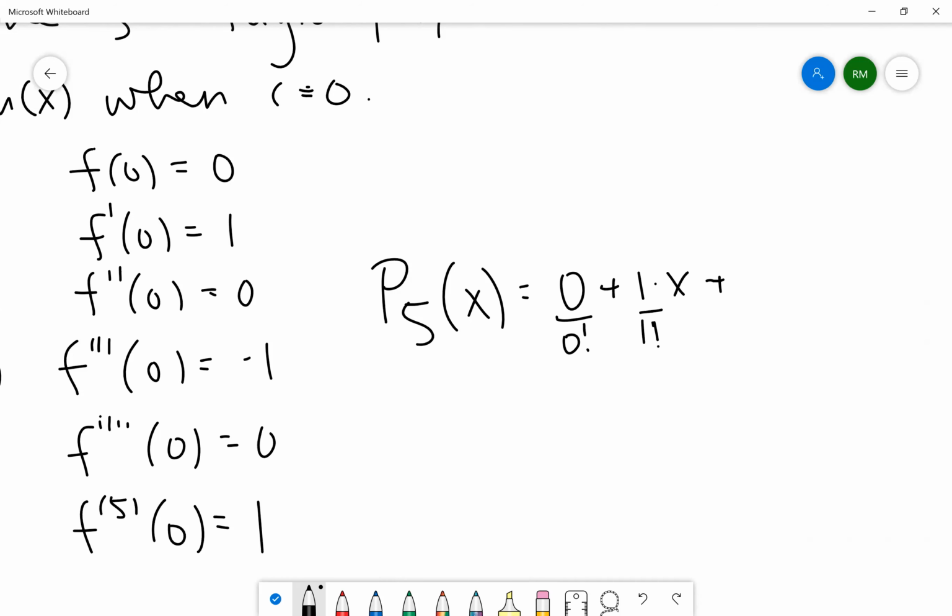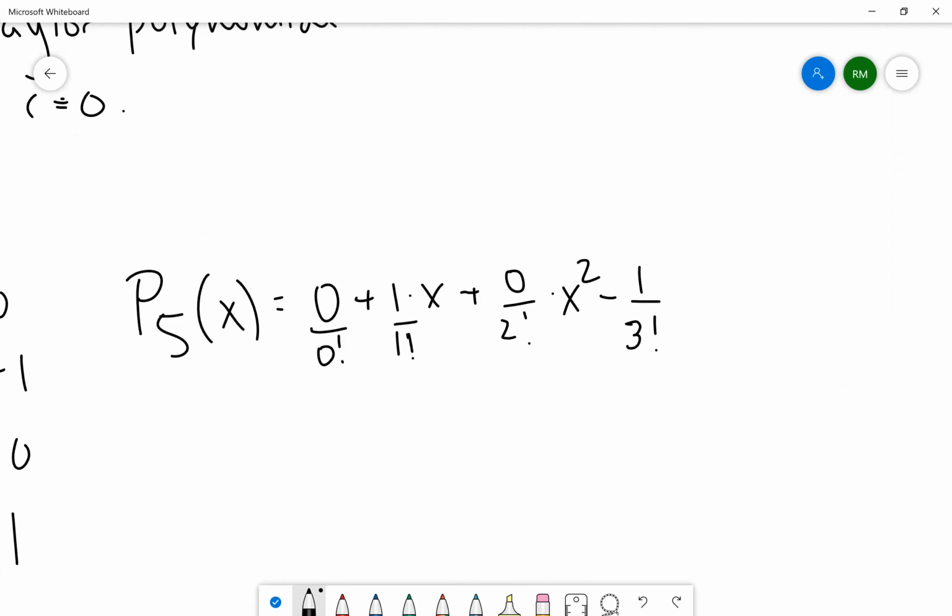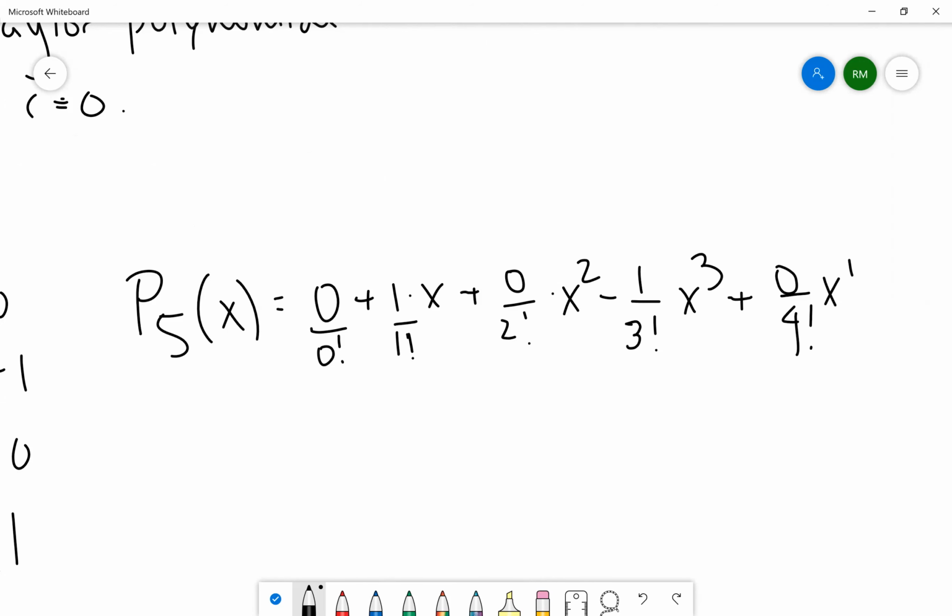This is 0 over 2 factorial times x squared, minus 1 over 3 factorial x cubed, plus 0 over 4 factorial x to the fourth, plus 1 over 5 factorial x to the fifth.